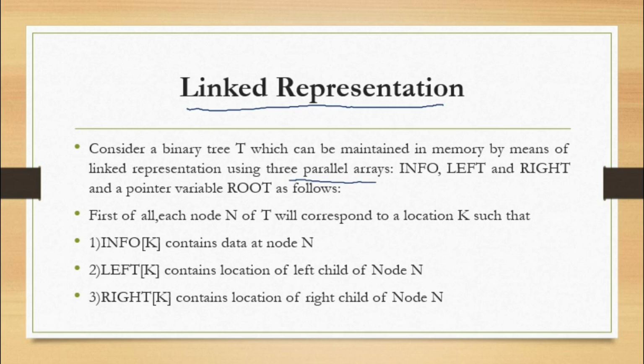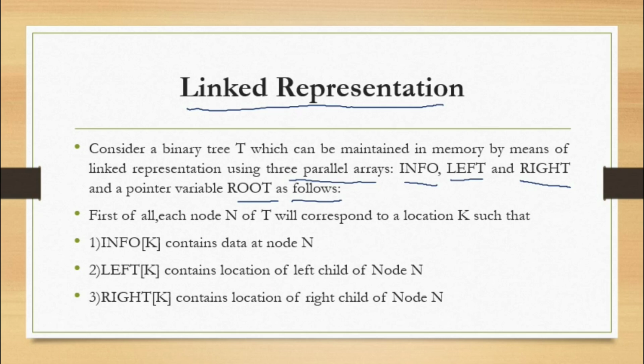So what are these three parallel arrays? One is the array which stores the info field. Next is the array which stores the left field. Another is the array which stores the right field, and a pointer variable root, as follows. Yes, because a linked list always needs a pointer, students, where the root pointer is where the whole list will start.